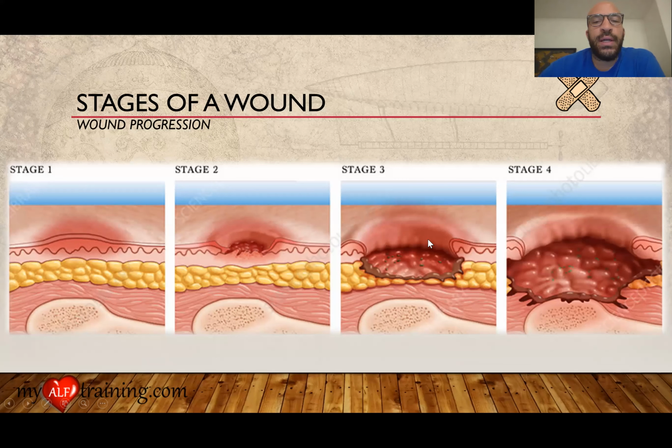Stage 3, it has broken through the epidermis, the dermis, and exposing the subcutaneous layer, and it appears as a crater. You see how they use this illustration to show that there is indeed a crater. And stage 4, this is just complete destruction of epidermis, dermis, subcutaneous layer. And this is the bone here that's now been exposed.